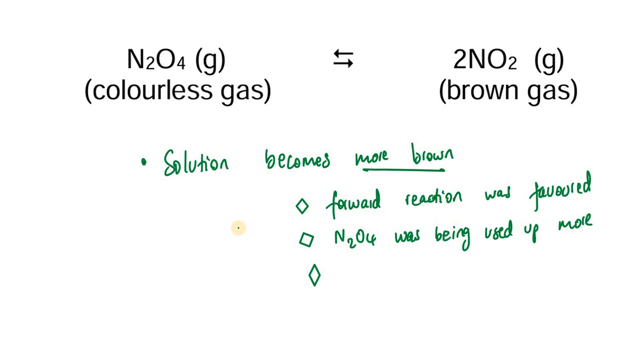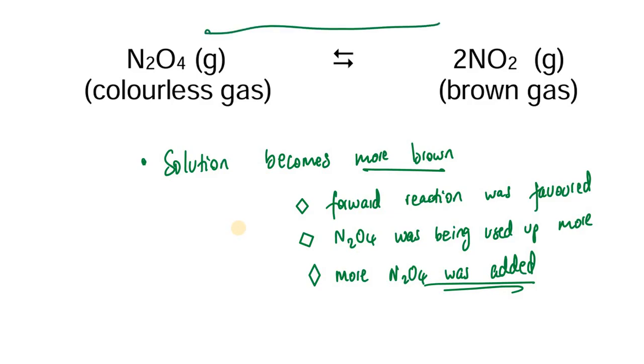Well, it's because more N2O4 was added, and that is how the system was disturbed. You understand? That is how you work backwards. So just understanding that, number one, if the solution becomes more brown, it means the forward reaction was favored. If the forward reaction was favored, that means N2O4 was being used up more to move from here to there. And why would the system just decide to use up N2O4 more?